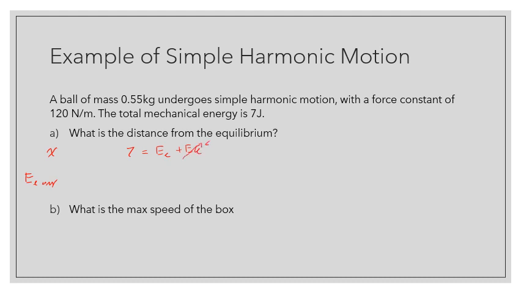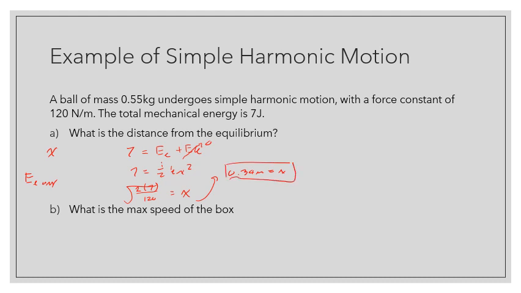Ek we can cross out because when Ee is max, Ek is equal to 0. So 7 is equal to 1/2 kx squared. That means the square root of 2 times 7 over 120 is equal to x. That turns out to be 0.34 meters.